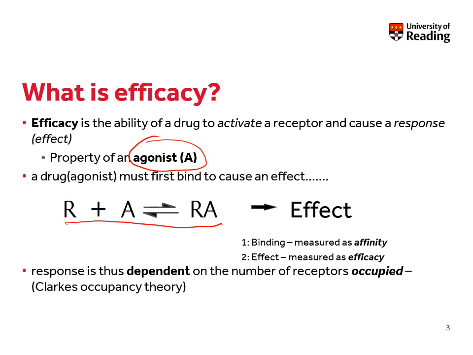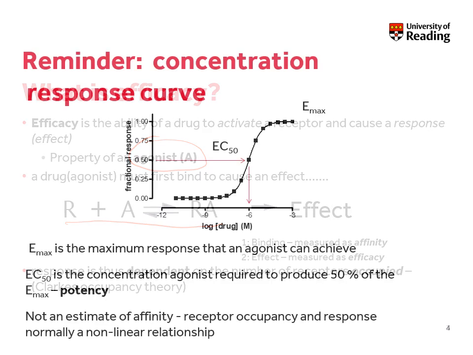So in other words, it's probably quite logical to think the response that we get from receptors is dependent on the number of receptors that are occupied. And while I'm going to tell you this isn't quite true, it's not directly proportional, it does hold true. The more receptors that you occupy, the more response that you get.